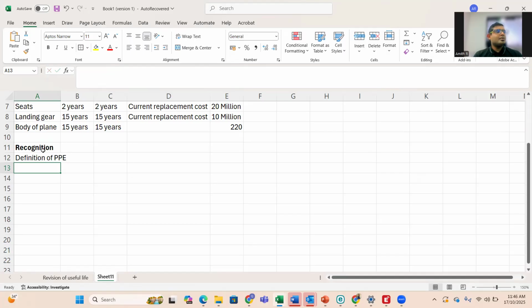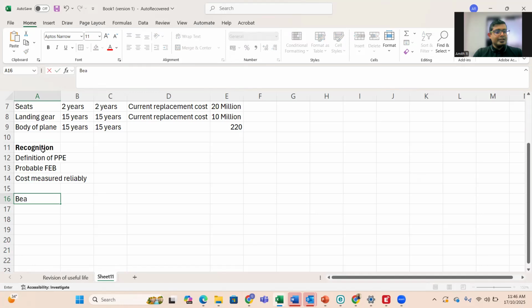Then you have to see two things: whether there are probable future economic benefits, and whether the cost can be reliably measured. Then we saw some permutations and combinations also.